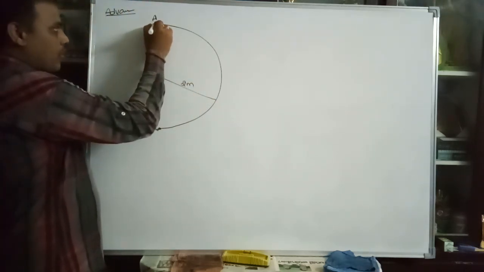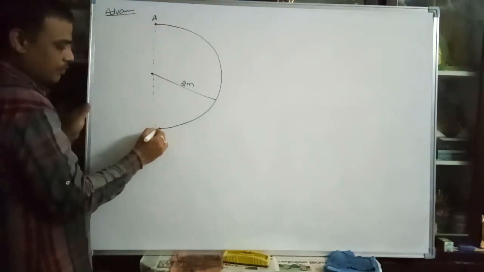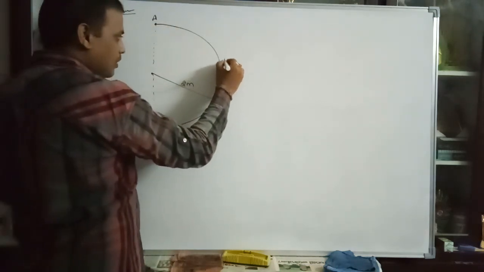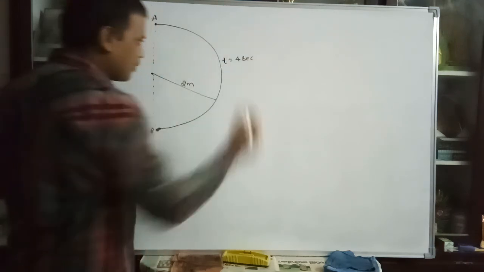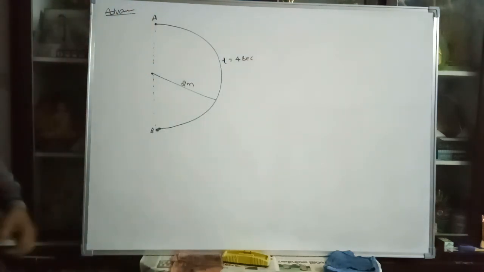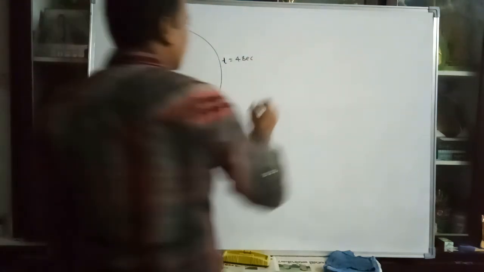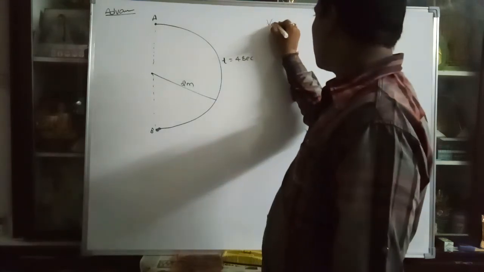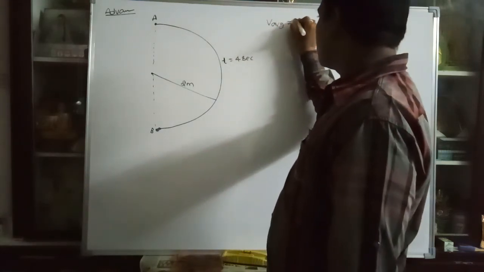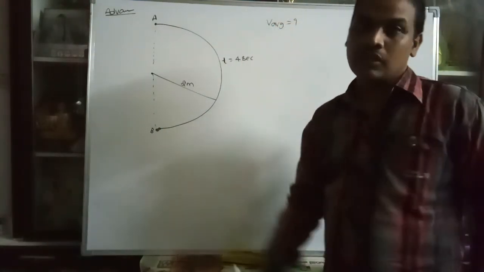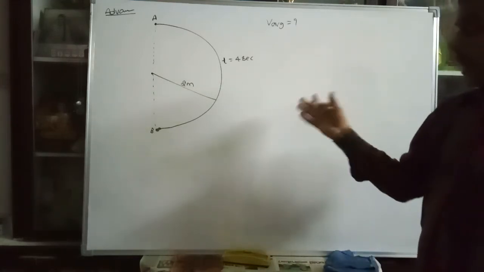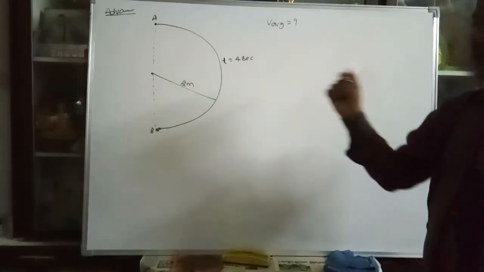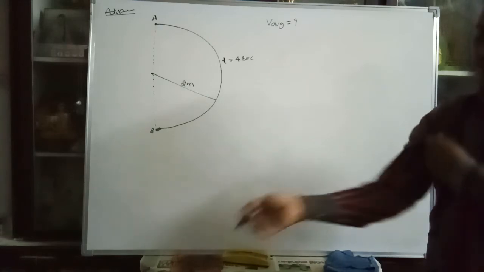He starts at point A and reaches point B in a time interval of 4 seconds. They are asking for the average speed of the particle. This question was given in advanced level, not in mains or NEET. So basic terms are also asked in advanced level.